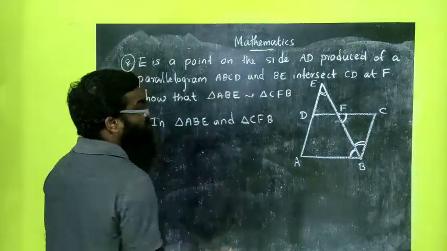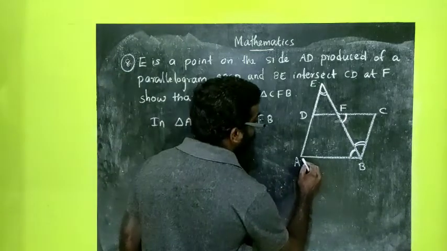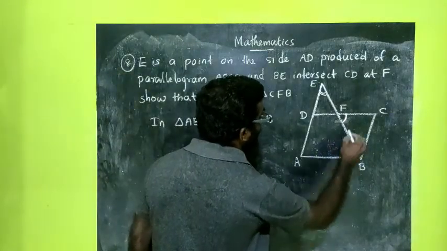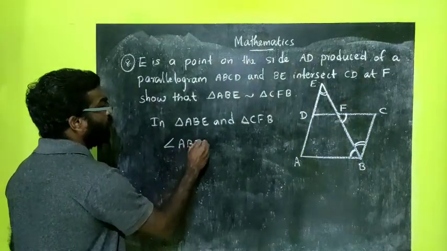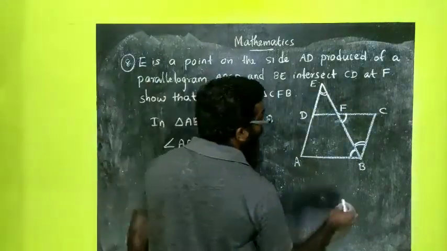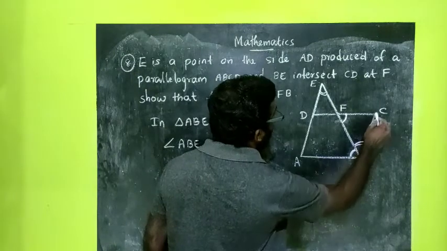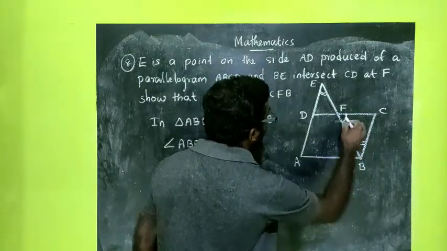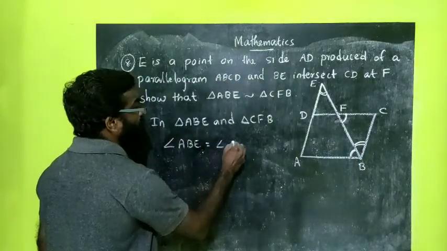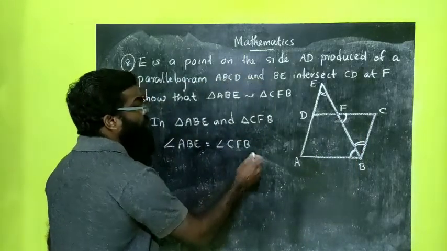CFB. So here angle ABE will be equal to angle CFB because these two angles are alternate angles. Angle CFB.